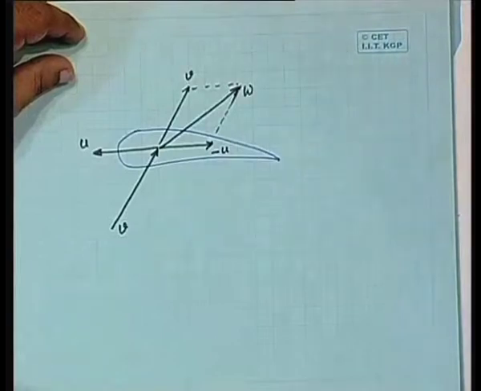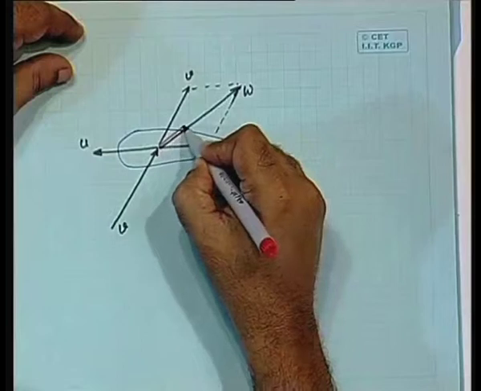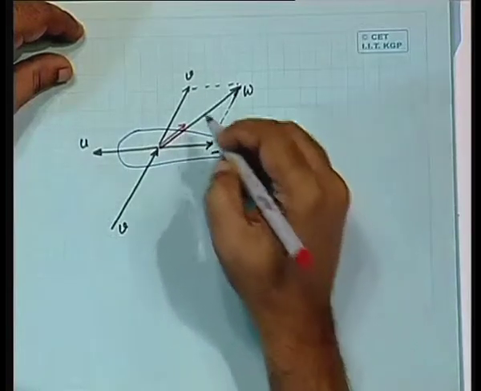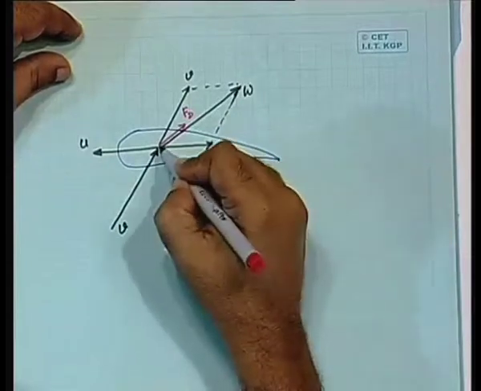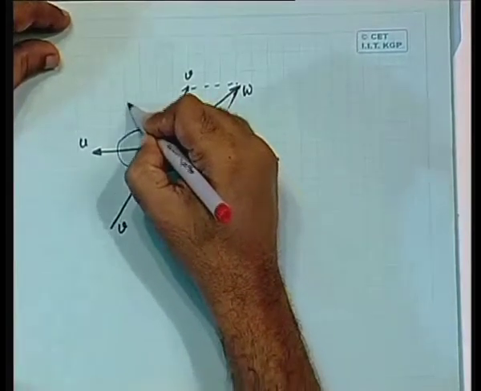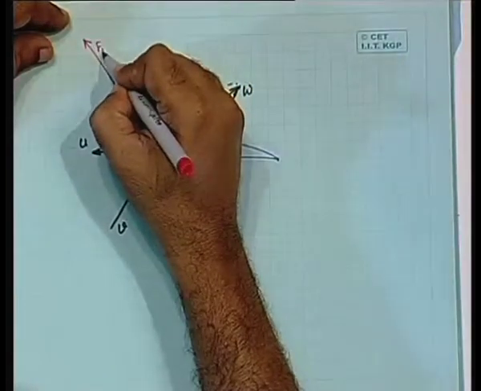and based on this relative wind we have a force that is created in the direction of the relative wind, which is the drag force Fd, and a force that is created perpendicular to the relative wind, which is larger than the drag force, which is Fl.